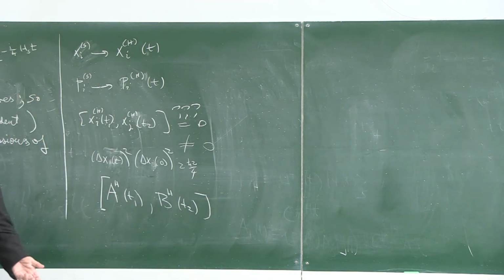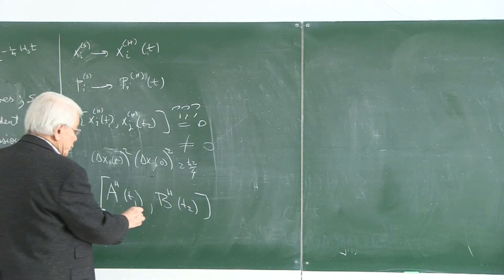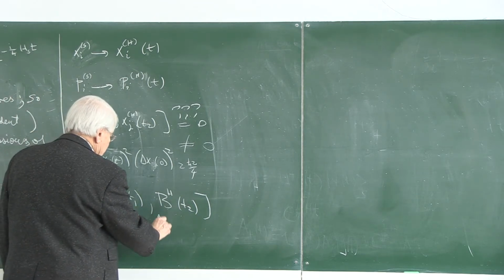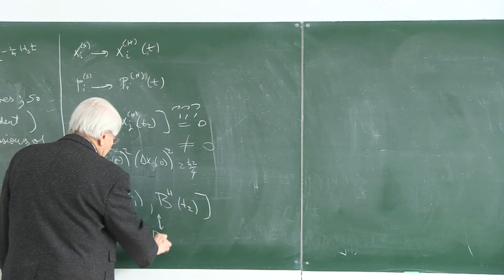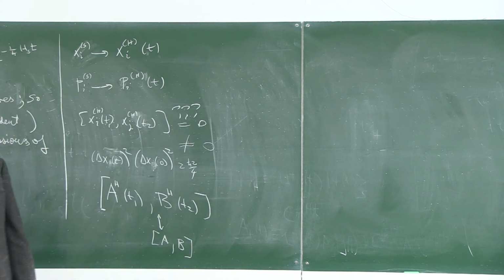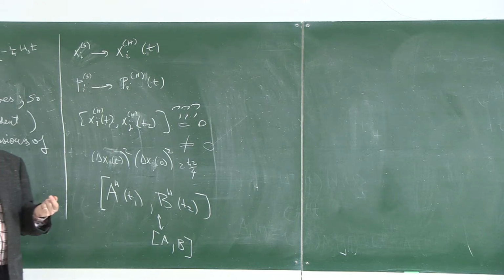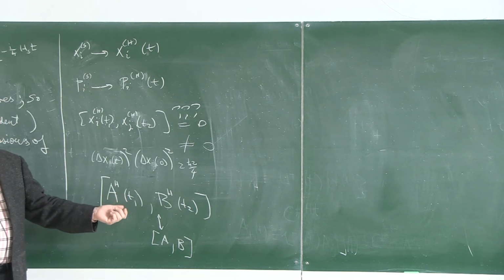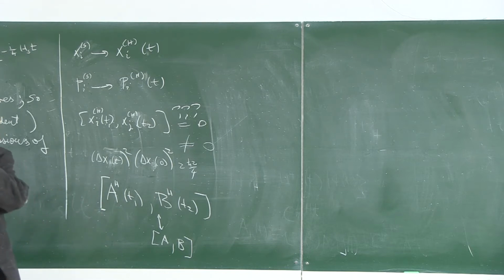Let's talk about this commutator, and let's see how it is going to be related to A and B, which we were cleanly talking about when we were discussing in the previous lectures, right? We were saying we have an operator A, we have an operator B. If they commute, they will have simultaneous eigenfunctions. If they are not commuting, we will have an uncertainty relation in terms of their variances or uncertainties, etc.